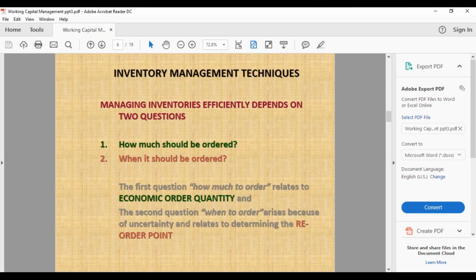Aditya, let me ask you a question. What will be the inventory for a hotel? Okay, sir, can I type in chat, sir? Yeah, right.